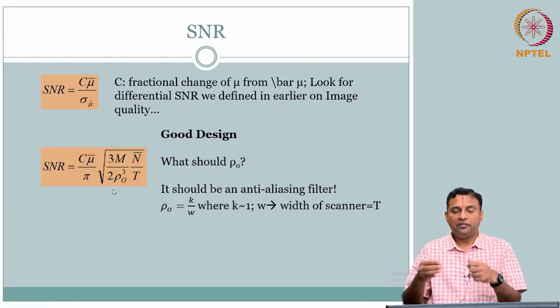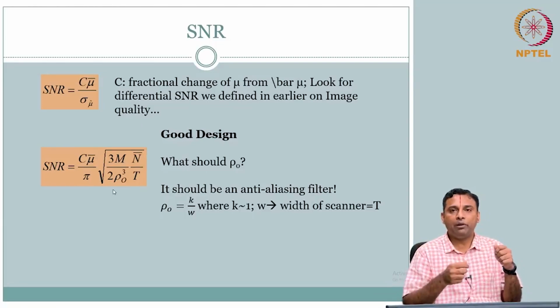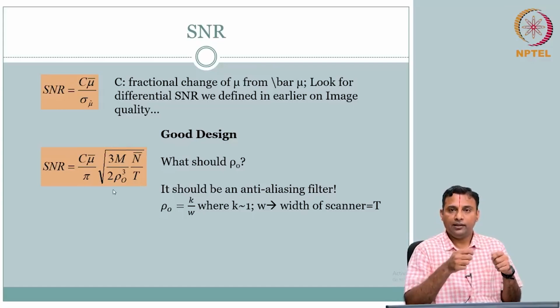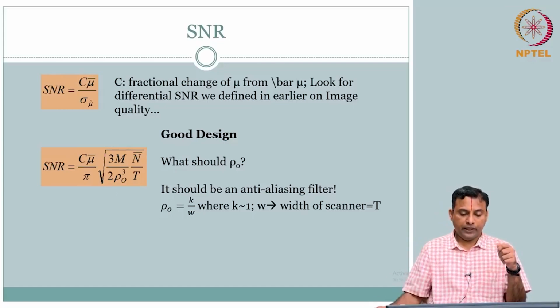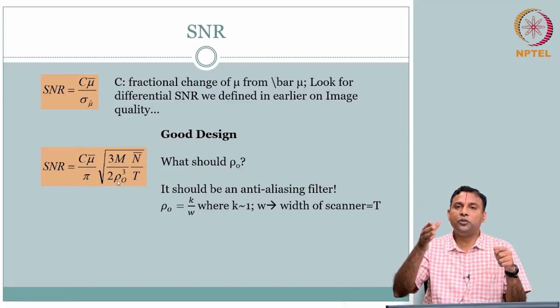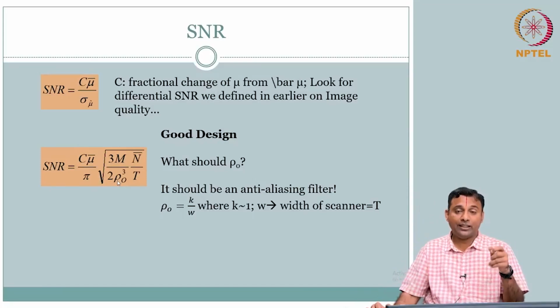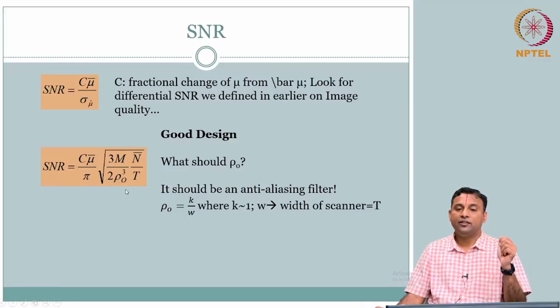Well, without mentioning explicitly, you already know we are talking about discrete implementation. So this is the cutoff for this filter. How much frequency do you allow, especially the highest frequency, that is the question. So what do you do?